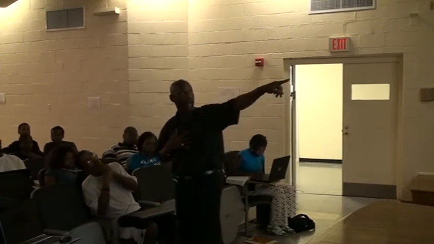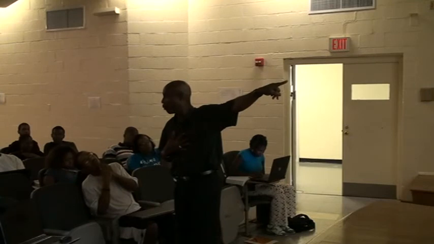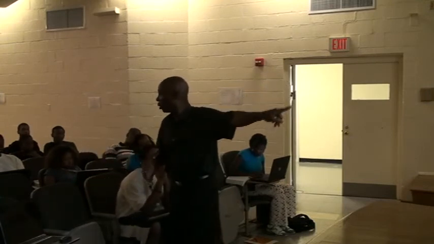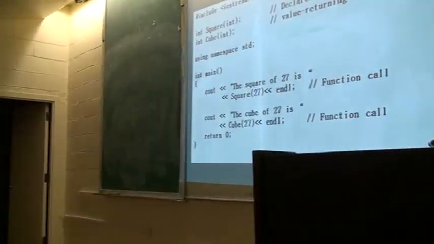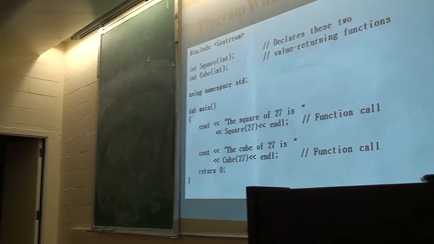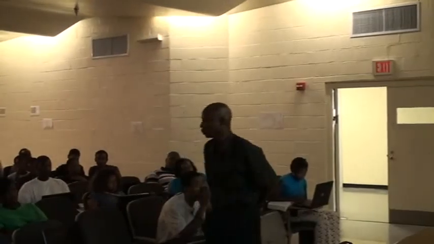Now, what happens here is that square begins to operate. Square takes execution control. So, what does it use to begin its process? It takes on that parameter that's inside that parentheses. I'm going to use that word parameter a lot. It's a value, 27, that gets sent to the square function.